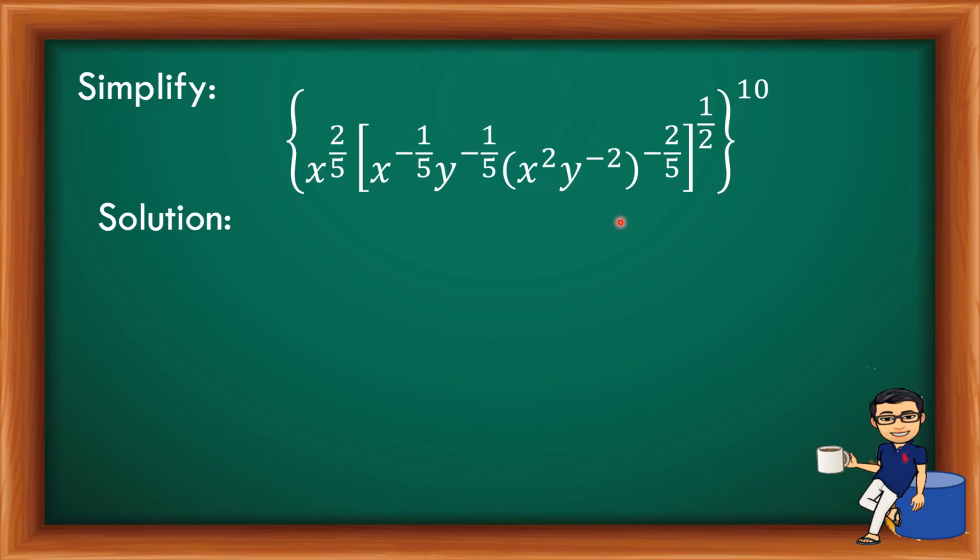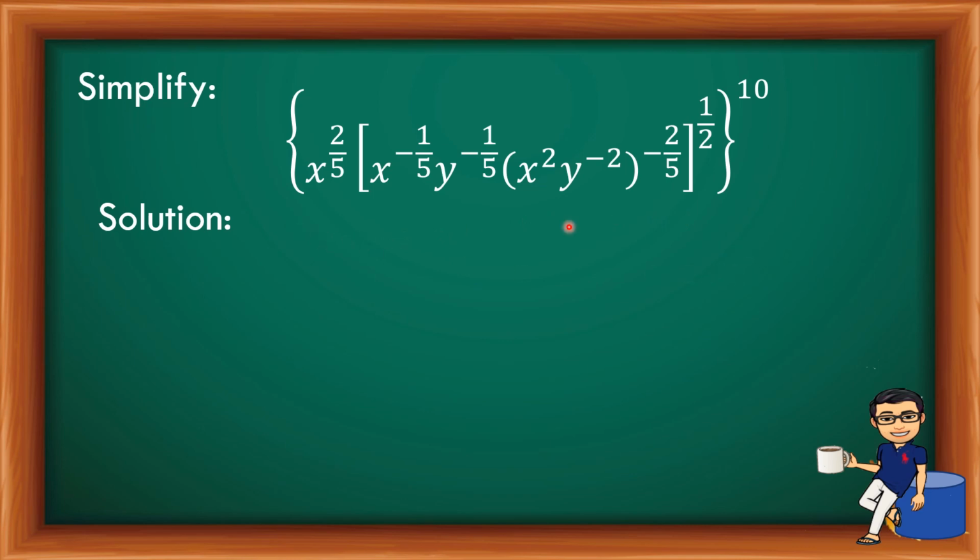For us to simplify any expression, we always start with the parentheses. That means what's inside the parentheses is the first thing we simplify. Then after simplifying the parentheses, it is followed by the bracket. Then the last is the braces.